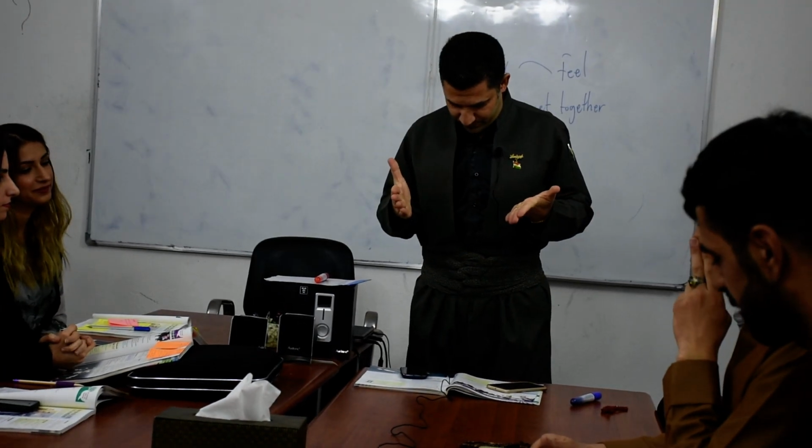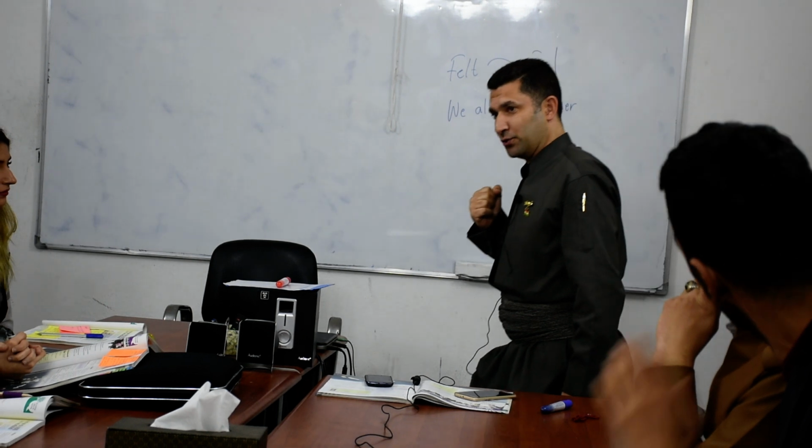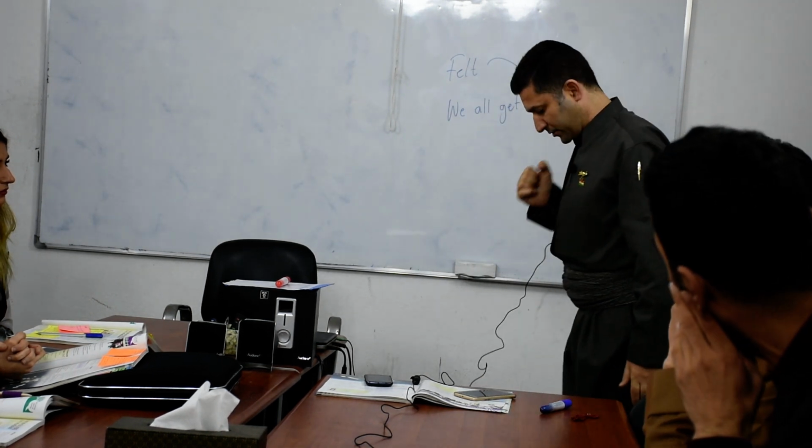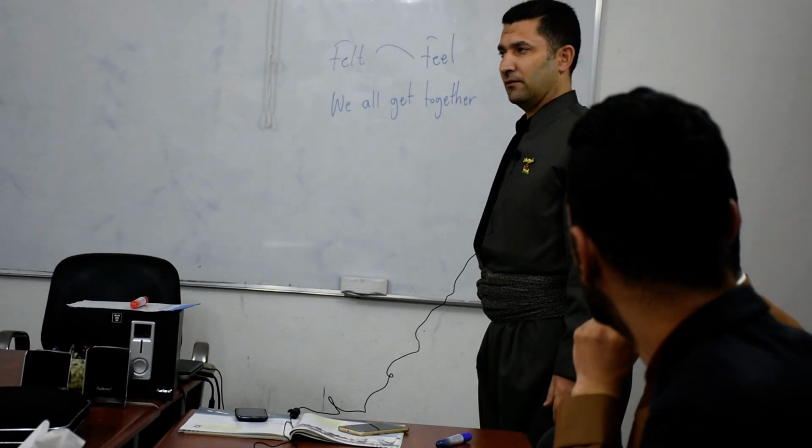Okay. Now we check the adjective itself. Look at this. I'm saying old. How many steps do I do when I say the word old? Old. Oh, it's only one step, right? Now, let's check expensive.